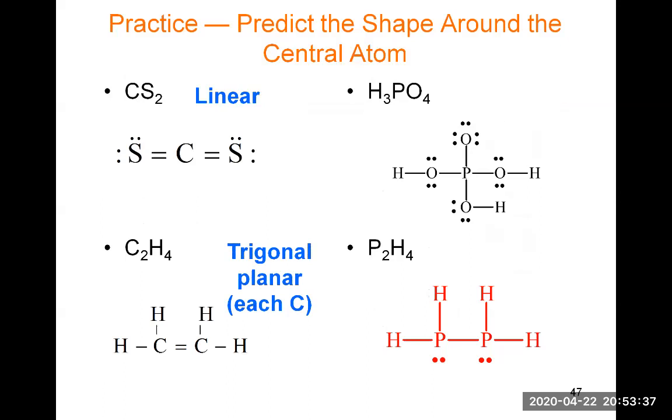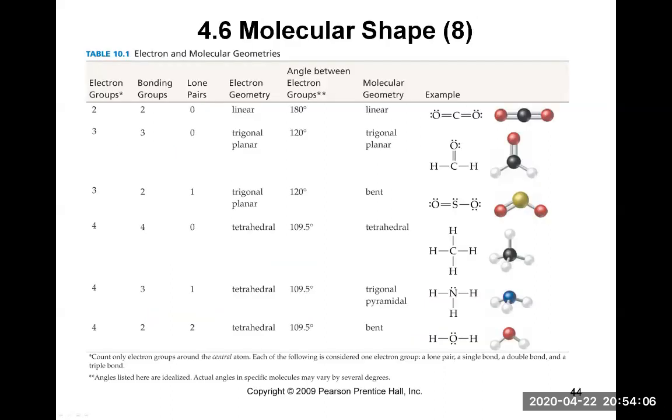Let's look at H3PO4, phosphoric acid. And if we look at the molecular geometry around P, P is surrounded by 4 oxygens with single bonds. And so that's 4 electron groups, 4 bonded groups, 0 lone pair. So let's look at the table. So 4 electron groups, 4 bonding groups, 0 lone pair. So it's the 4th line from the top.